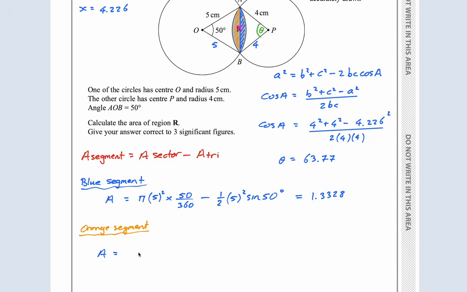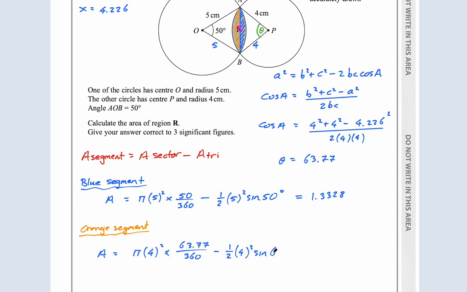So area is pi times 4 squared times 63.77 over 360, minus a half times 4 squared times sine 63.77.